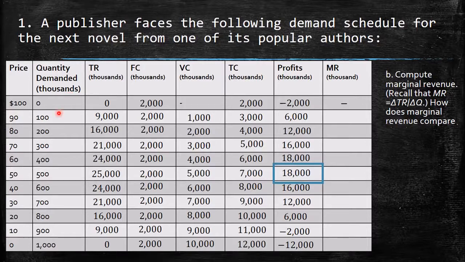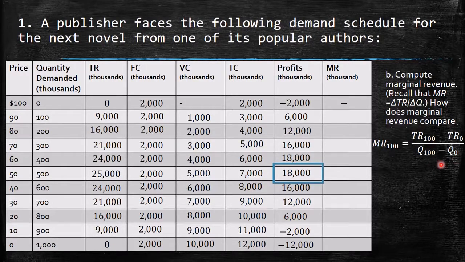Now we're going to compare the second one. The second one is going to be the marginal revenue of selling 100 instead of 0. So in the numerator is going to be the total revenue when you sell 100 minus the total revenue when you sell 0 units, and in the denominator the quantity of 100 minus 0.